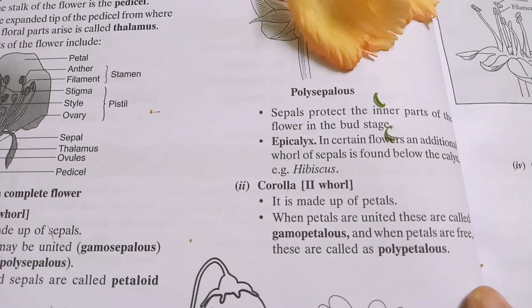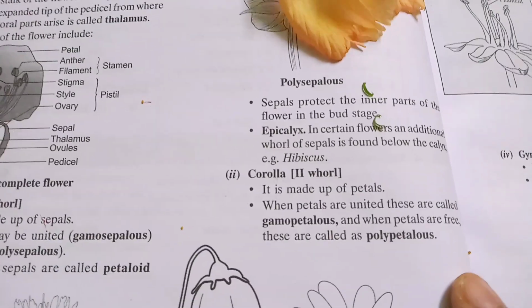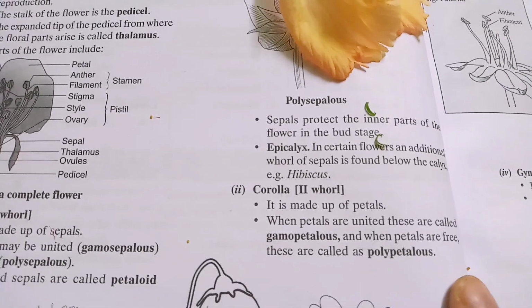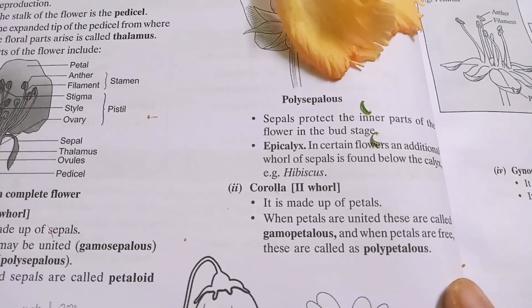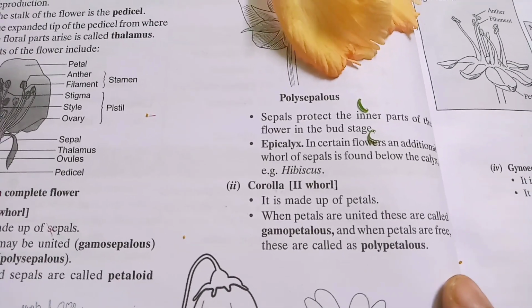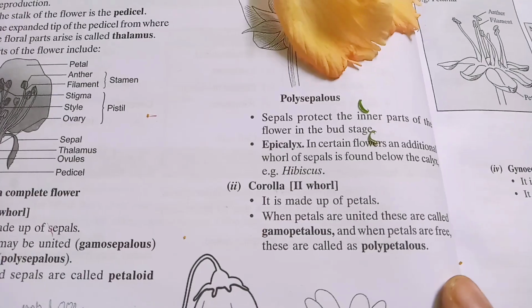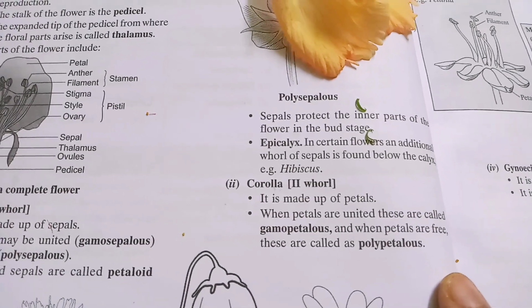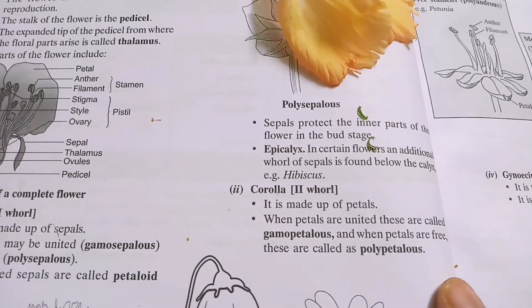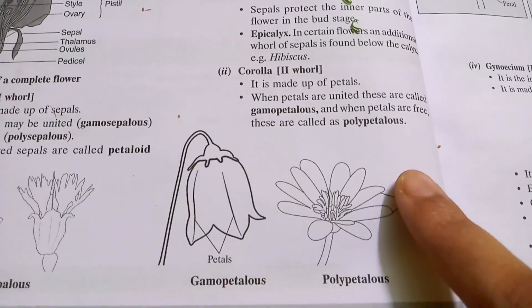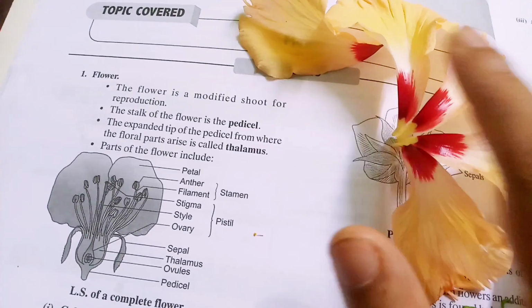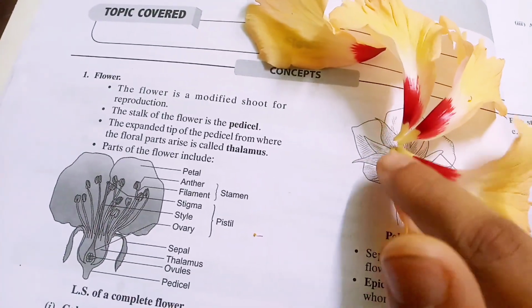Now if the petals are united, they are known as gamopetalous. Same as sepals: if the sepals are united, it was gamosepalous, and if the petals are united, this is known as gamopetalous. And if the petals are free, they are known as polypetalous. See here the condition, the petals are free, only attached at the base.